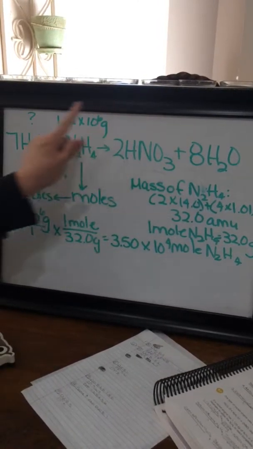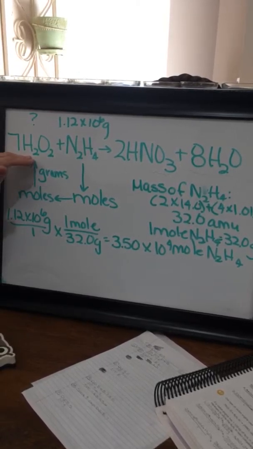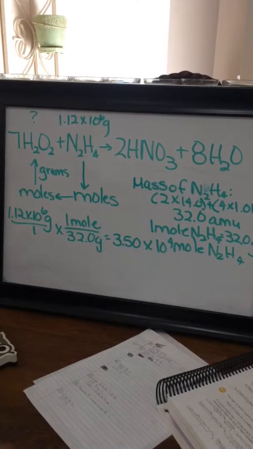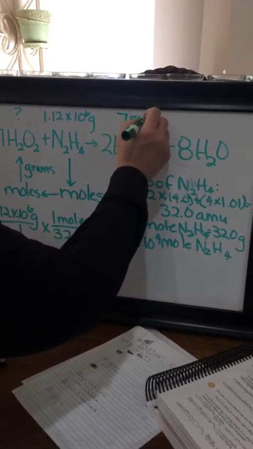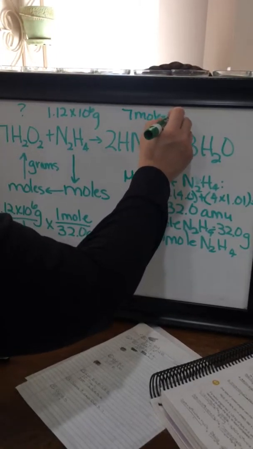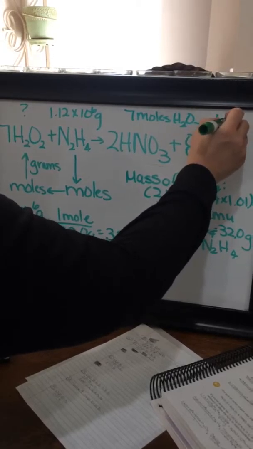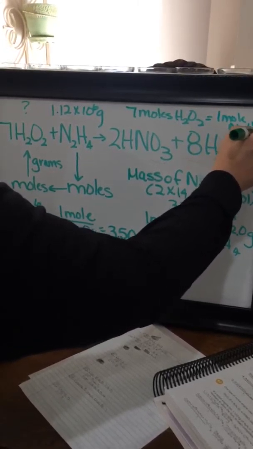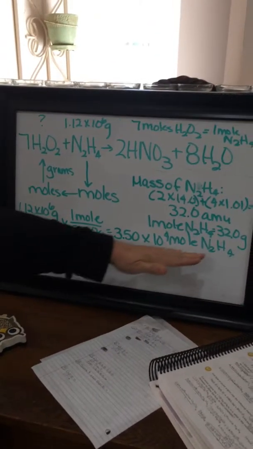What's our conversion factor going to be? How many moles of H2O2 are equal to how many moles of N2H4? We have 7 moles of H2O2 equal 1 mole of N2H4.